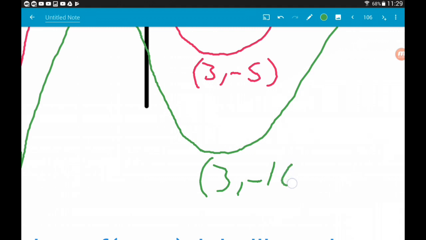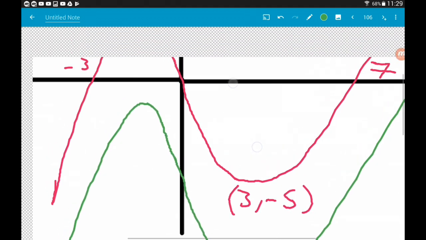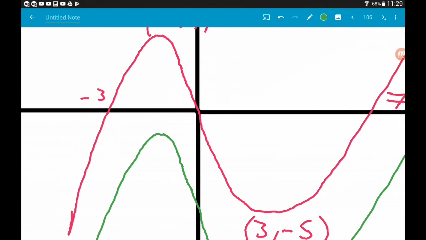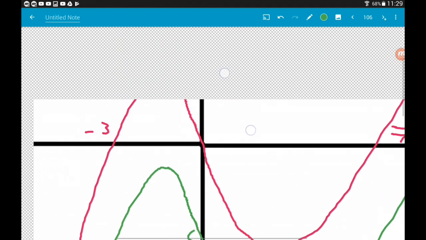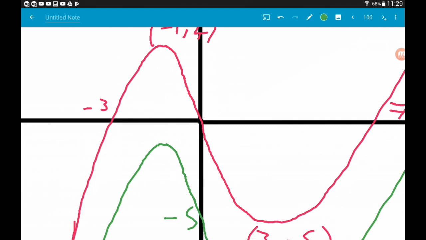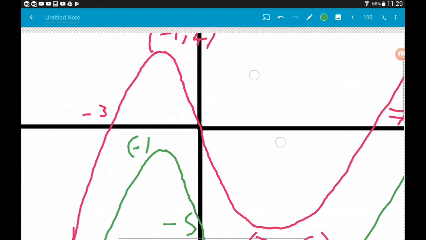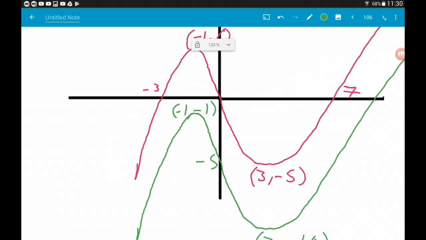The y-intercept has gone from 0 down to -5, and now this maximum has the same x coordinate, so it's -1, but it's gone down 5 from 4, so it's (-1, -1). So there's our graph, translation vector (0, -5).